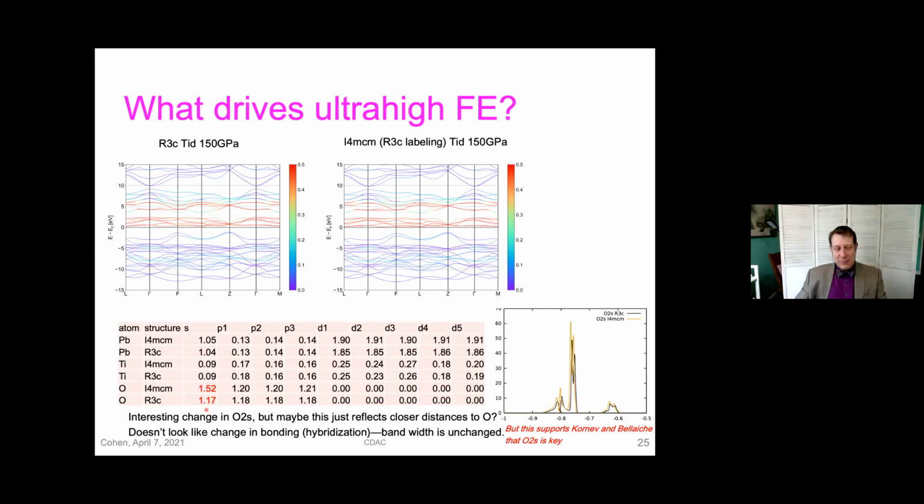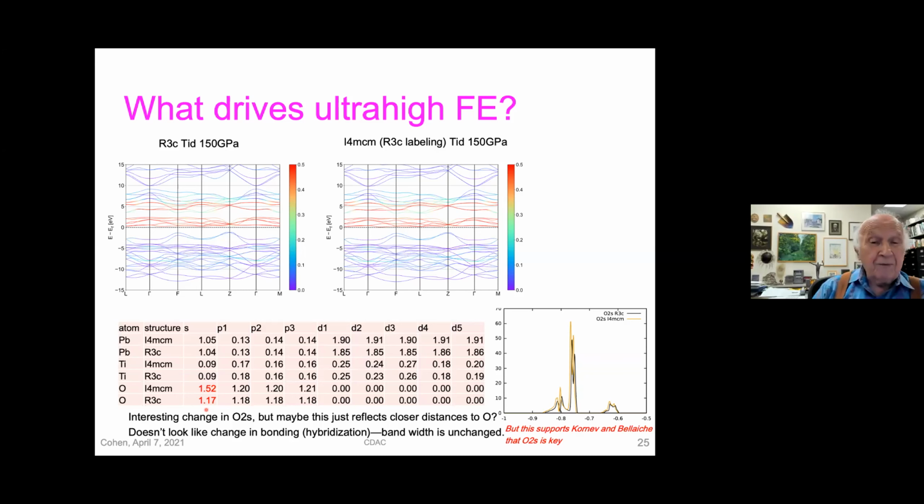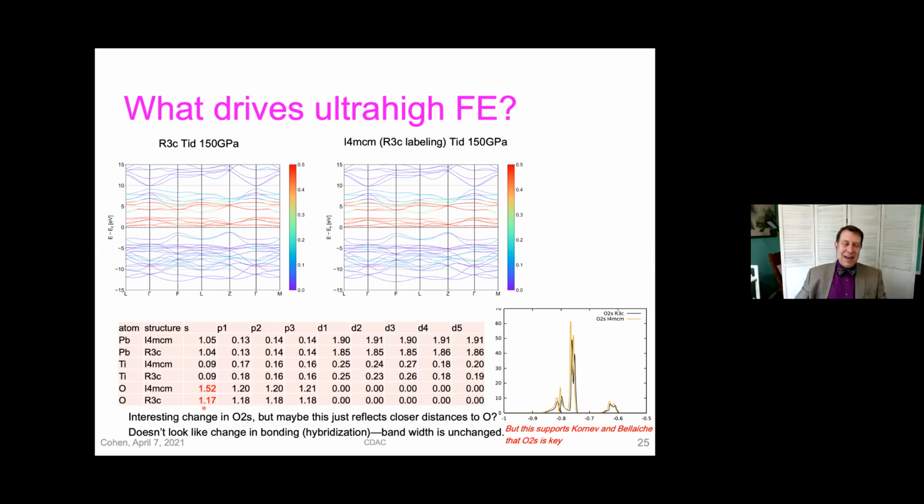So I wouldn't make too big a story of 1.52 because I don't trust that number. No, let me explain, please. We have all the electrons in the calculation. I'm just trying to understand what the result means. These bands, for example, and the energies and everything are from all of the electrons.